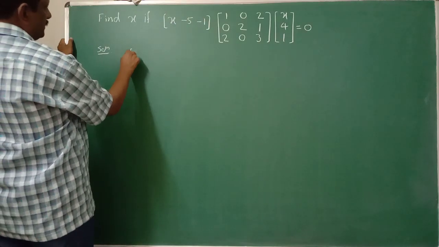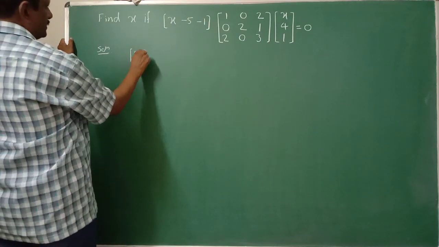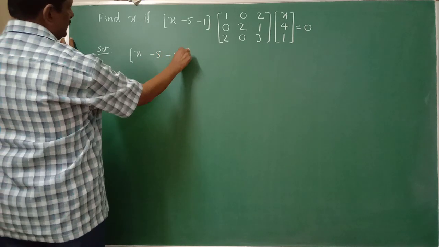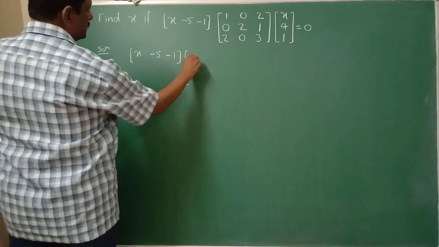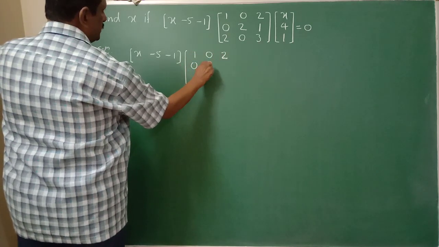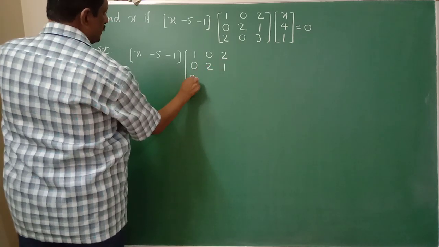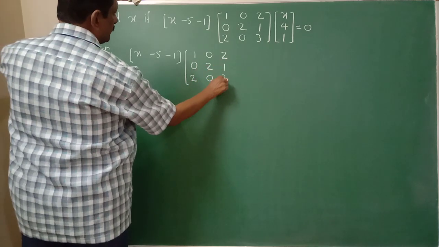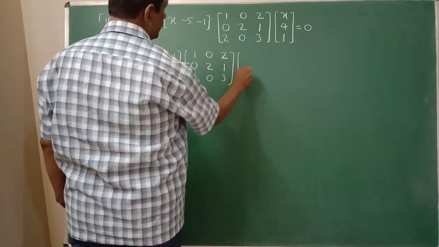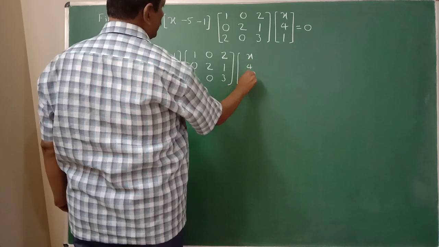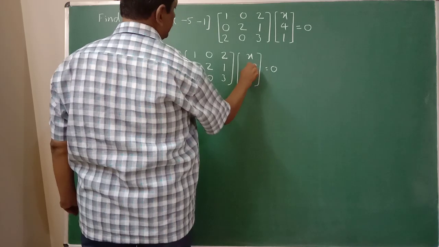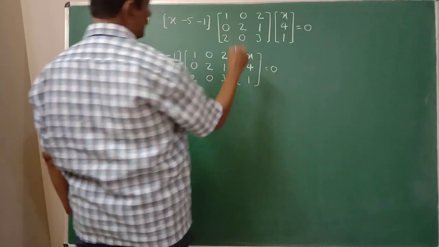I am writing each and every matrix here. The matrix [x minus 5 minus 1] into the matrix [1 0 2; 0 2 1; 2 0 3] into the matrix [x; 4; 1] is equal to a null matrix, O.